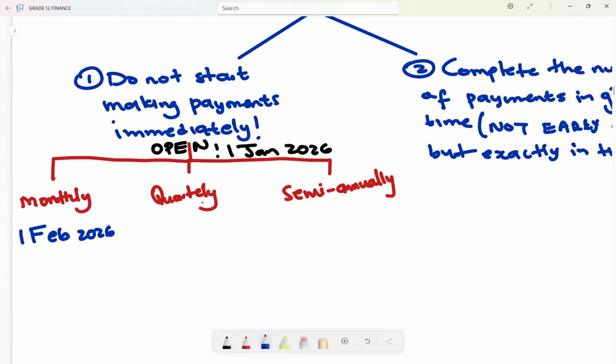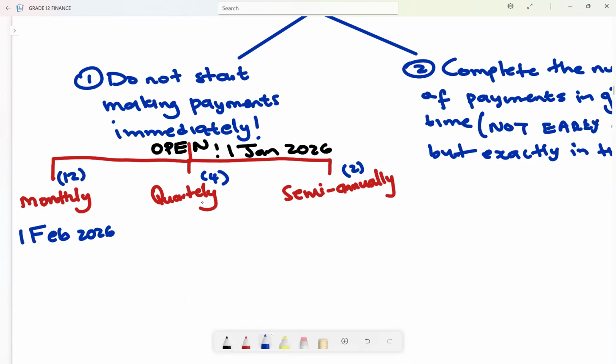When it is quarterly, remember monthly is 12, quarterly is 4, and semi-annual is 2 times. Quarterly is made out of 3 months: January to March, April to June, July to September.